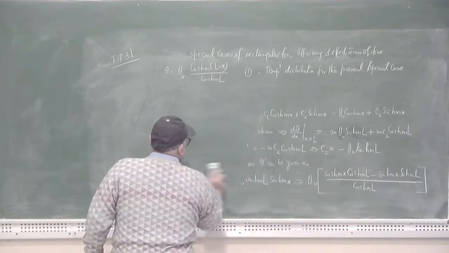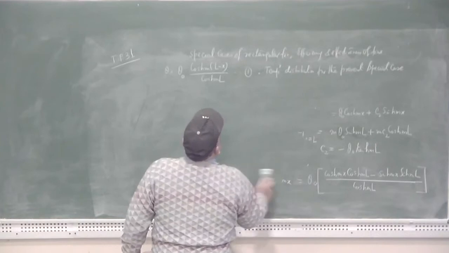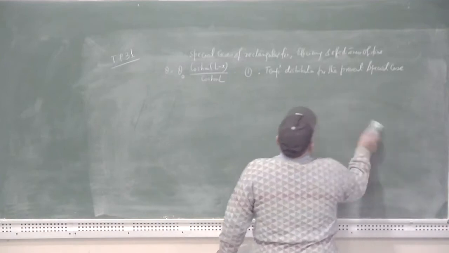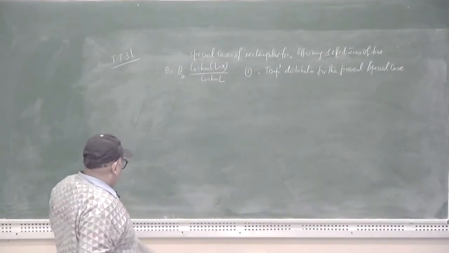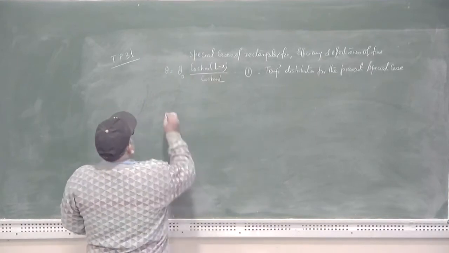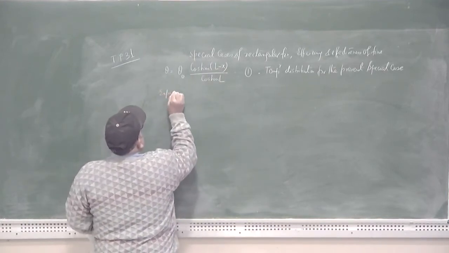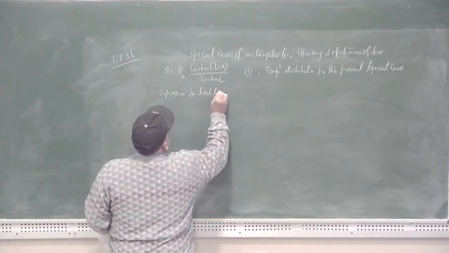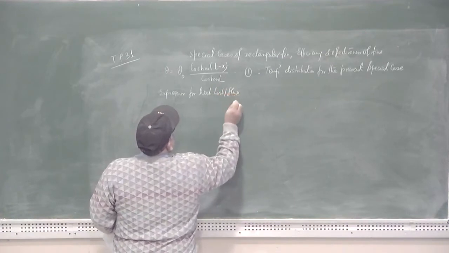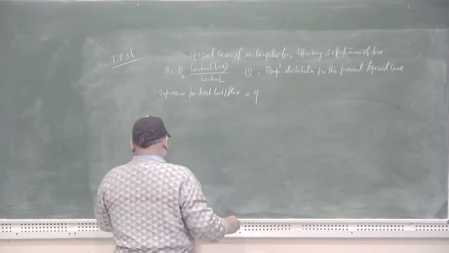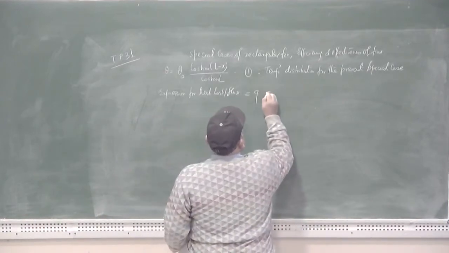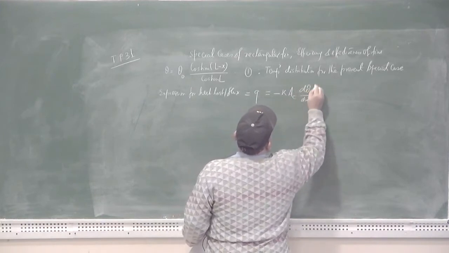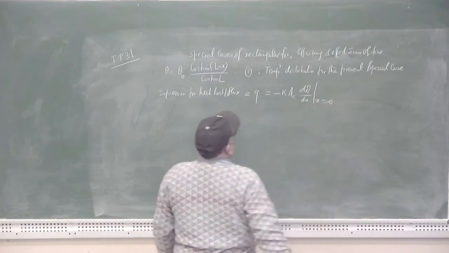So, the expression for heat lost, or heat flux, that is equal to Q, will be equal to minus K into Ac, and the expression is d theta by dx at x equal to 0.